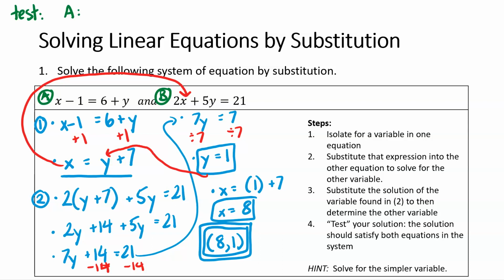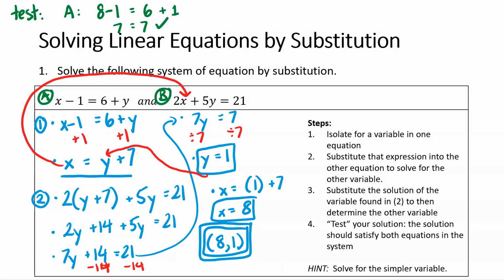We'll substitute the 8 for x and the 1 for y. So we'll have 8 minus 1 equals 6 plus 1. 8 minus 1 is 7. 6 plus 1 is 7. So the equation is true. That solution worked for that equation.